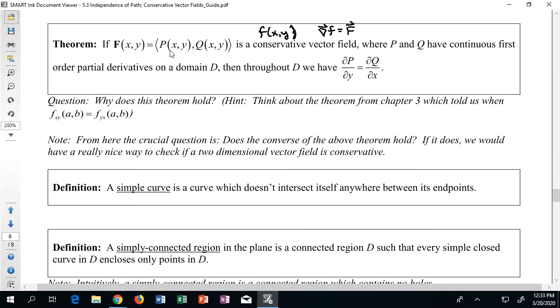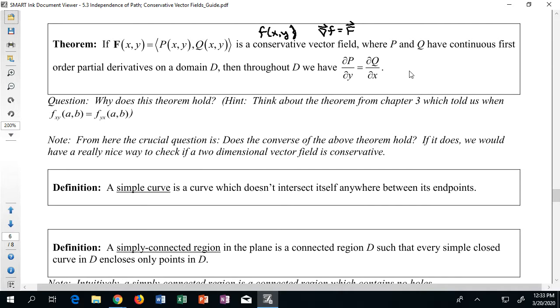And if I can take the derivatives of those things, then that would be like my second derivative of my original f. And if my second partials are continuous, then actually back in chapter 3, we knew that the mixed partials here were going to be equal. So this is the same idea that we're ending up with here.